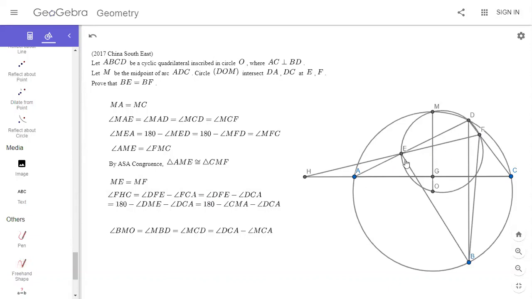And then DFE is 180 minus DME. Okay. And DME is equal to CMA. That looks right. And CMA is equal to CDA. So now I'm really confused. I thought I had it, but I was wrong.